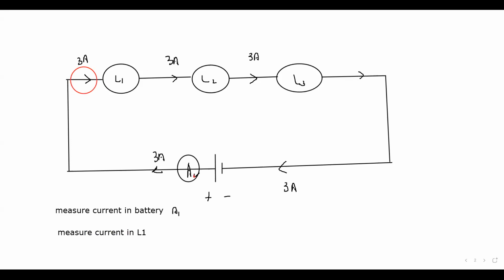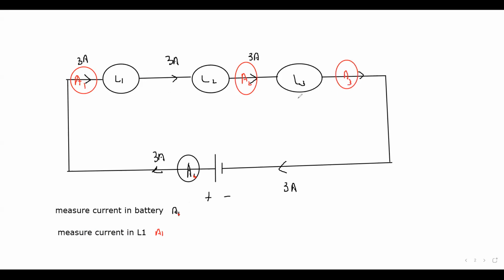So for example, if this is ammeter A only, and the second one is ammeter A1, so this will be A1. If I want to measure the current in lamp 2, I can connect before or after, that will be A2. And if I want to measure the current in lamp 3, that can be before or after.